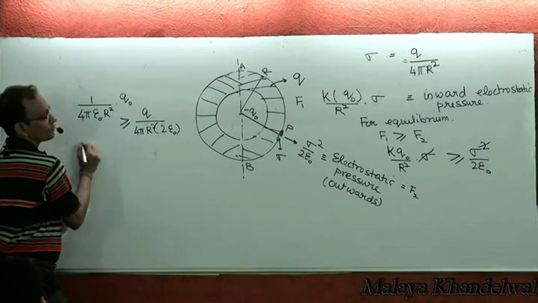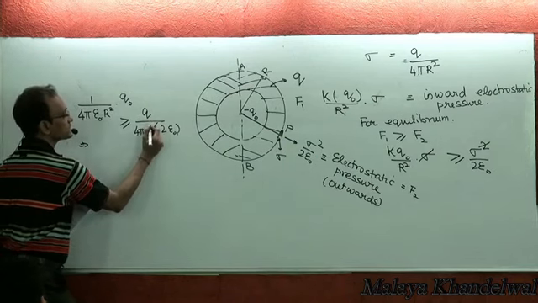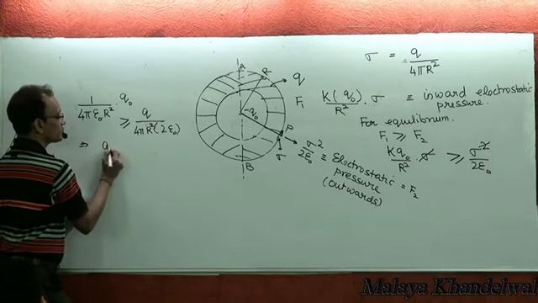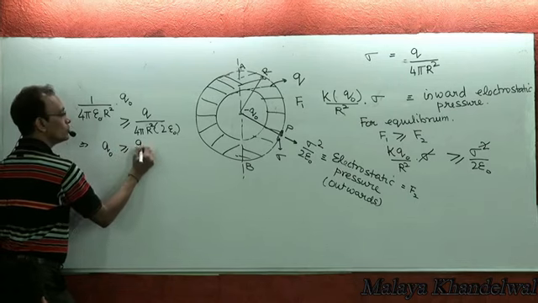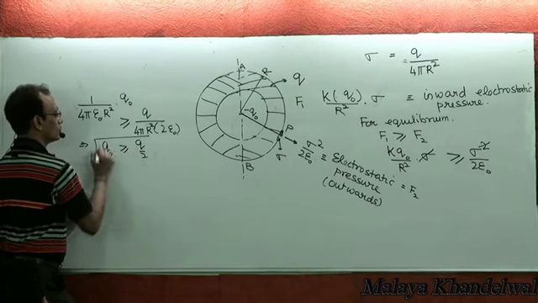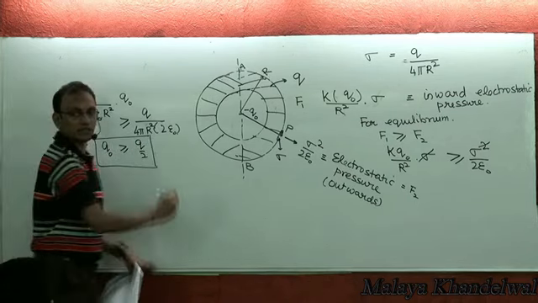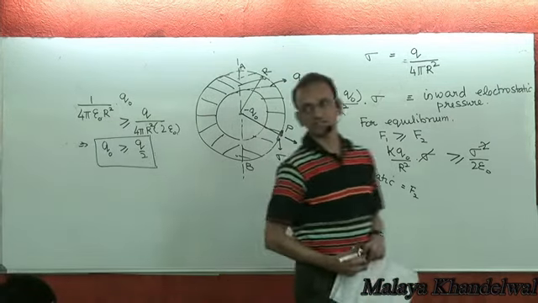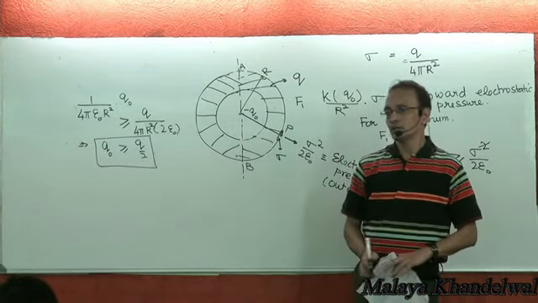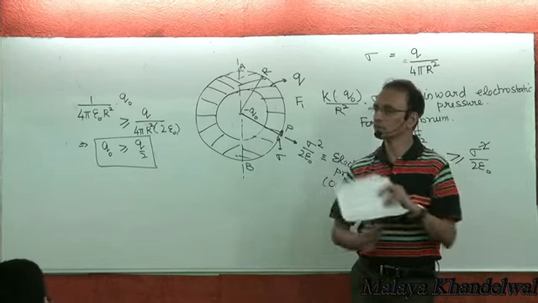Right? 4 pi epsilon naught r squared would get cancelled, so you must have Q naught greater than or equal to Q by 2. This will maintain equilibrium of the two hemispherical shells, right?